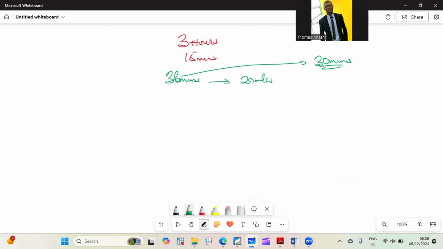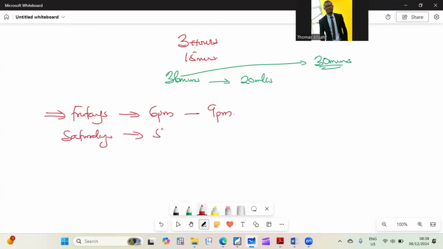So therefore, our class time, we have 2 days for meeting. We have Fridays, which is 6 p.m. to 9 p.m. Then we have Saturdays, which will be 5 a.m. I used to even do this at 4:30, 5 a.m. to 7:30 a.m. These are our class times.